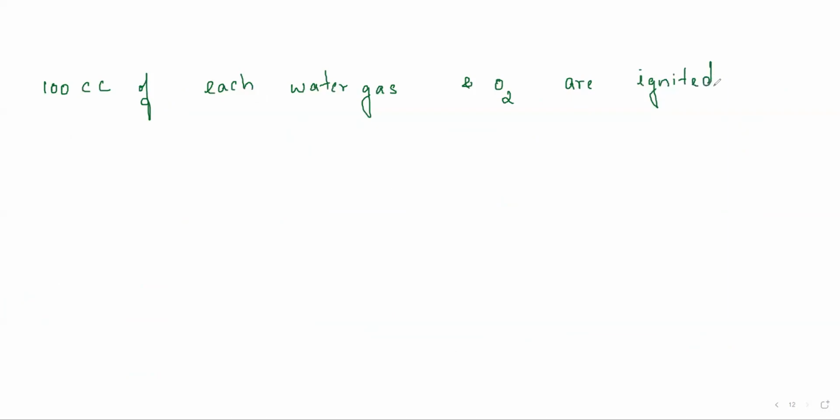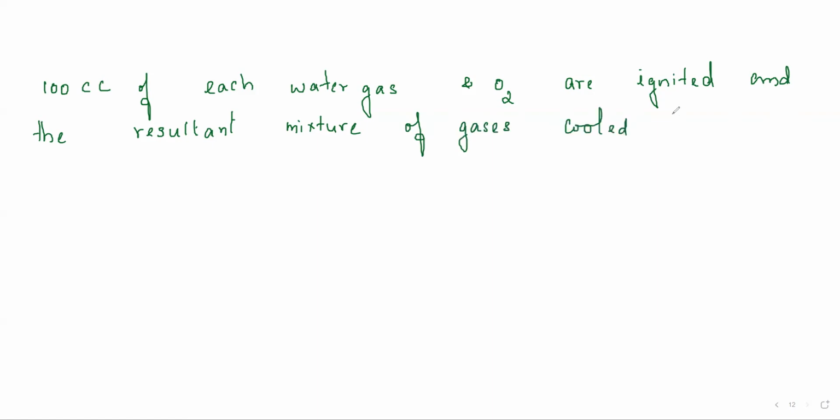Now, the next question. This is again different. 100 cc of each water gas and oxygen are ignited and the resultant mixture of gases is cooled to room temperature.